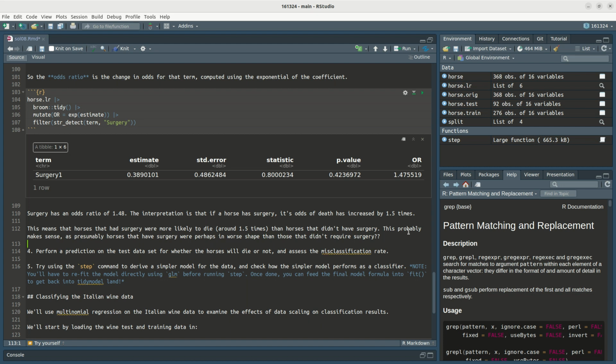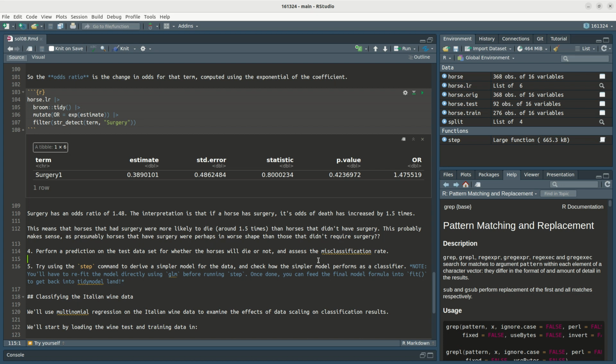If surgery was a consequence of the colic, then you might think that horses that were in bad shape were more likely to be operated on, and therefore were more likely to die, just not because of the operation necessarily, but just because they were in worse shape. We don't know. The surgery may actually be to do with something else.